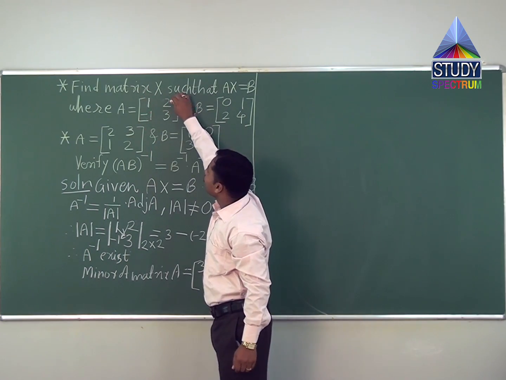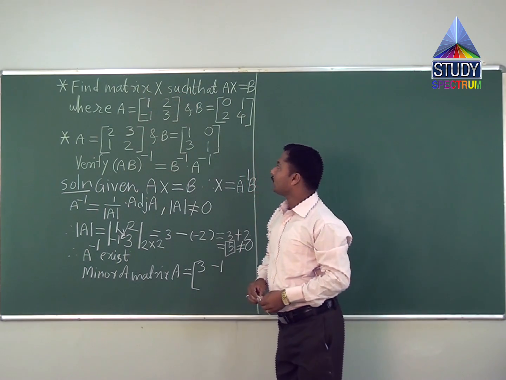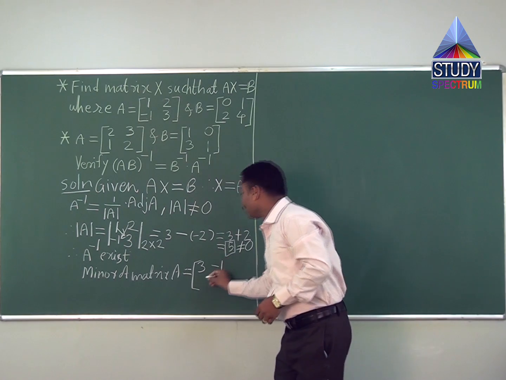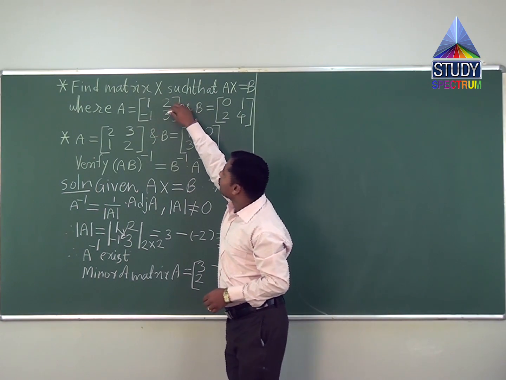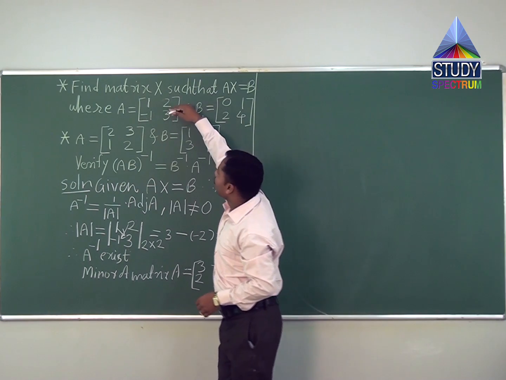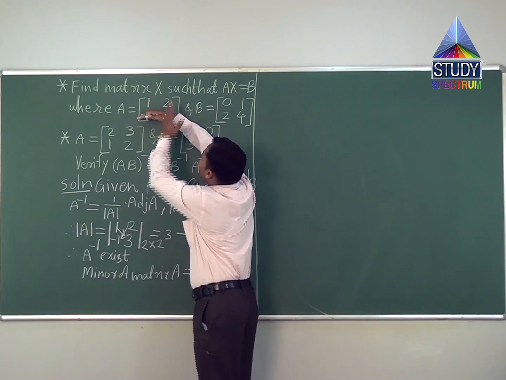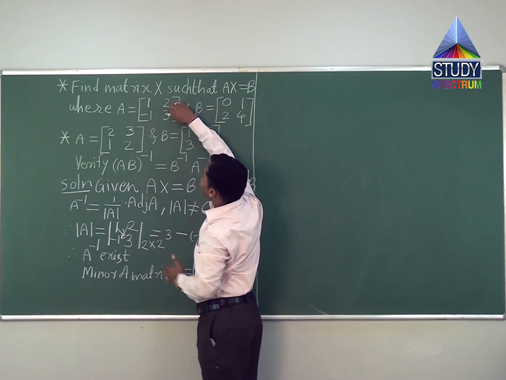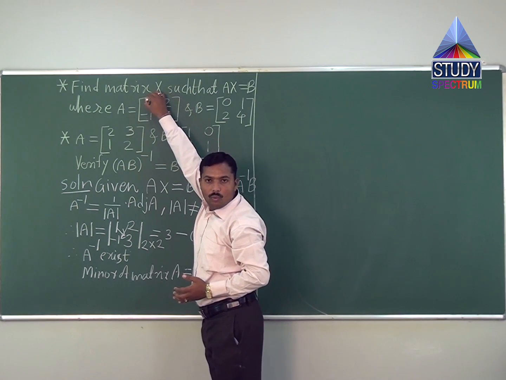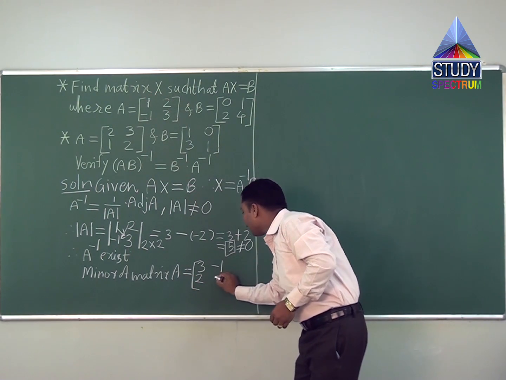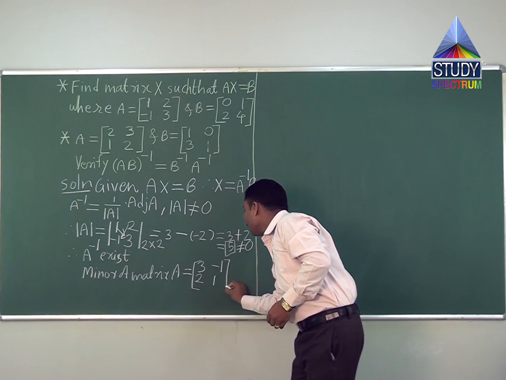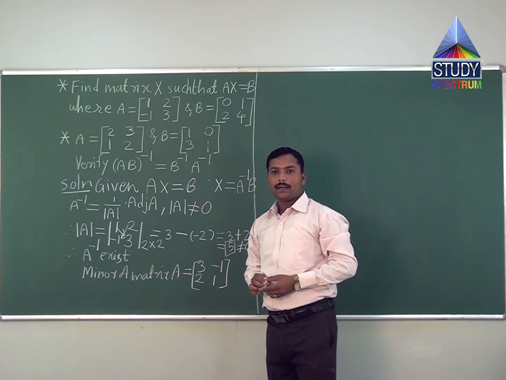What remaining? 2. So what is the determinant of 2? Again, 2 itself. Minor of 3: delete row and column passing through this number 3. What remaining? 1. So determinant of 1 is itself 1. So this is our minor of matrix A.